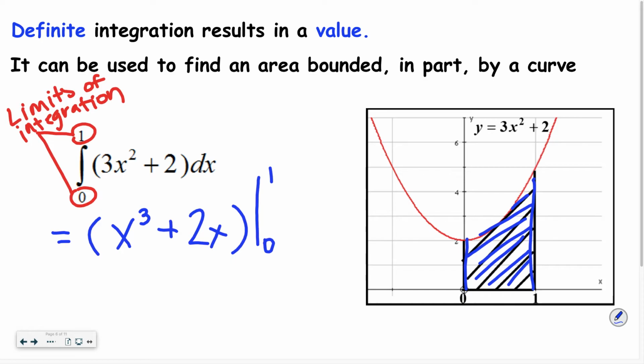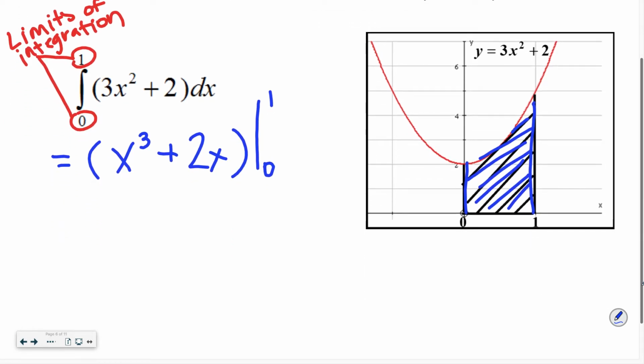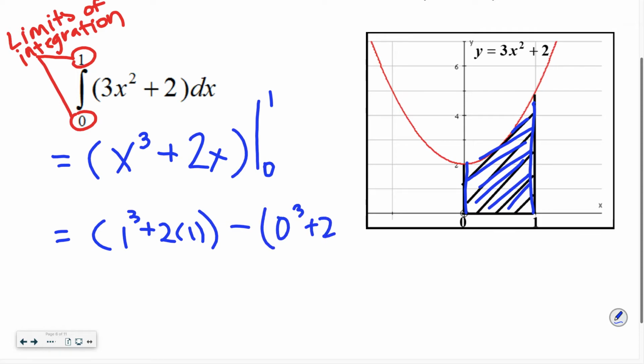You want to plug in b first, and then subtract, plug in a. So, when we plug in 1, we get 1 cubed plus 2 times 1, minus, plug in a, 0 cubed plus 2 times 0. What do we get?